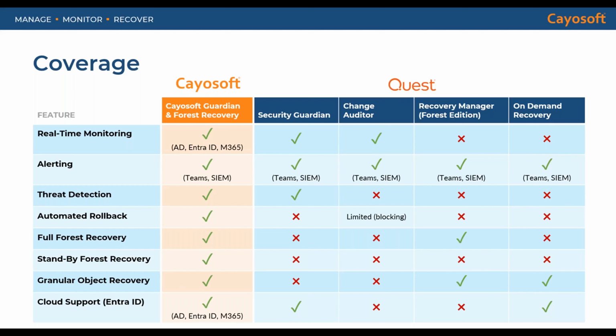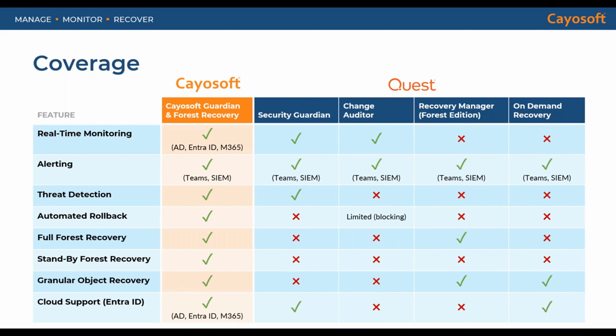We have built-in threat detection. So again, I mentioned it goes out and ingests the current state, tells you exactly where you might be misconfigured or have permission issues. These are the attack pathways that the bad guys are going to use to get into your environment. We provide one-click automated rollback. No need to mount those tapes. Full forest recovery with standby. That's the game changer.